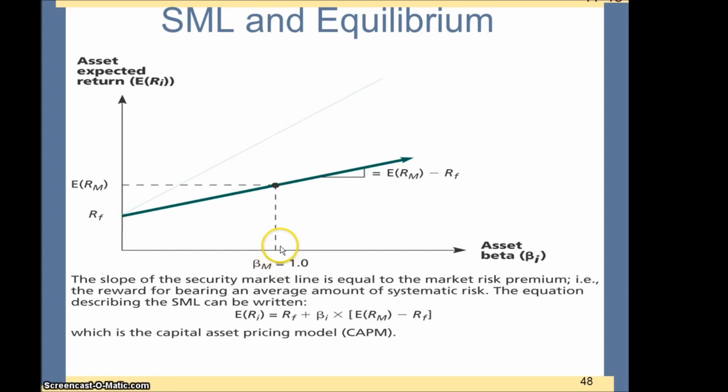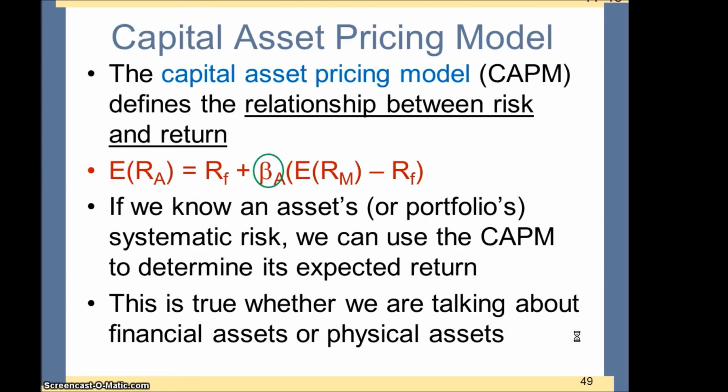Because for every unit of beta, let's say if you bear a beta of 1, if the SML line is very steep, then you will be awarded that much, right? But if it's not steep, then you will be awarded only that much. Alright?